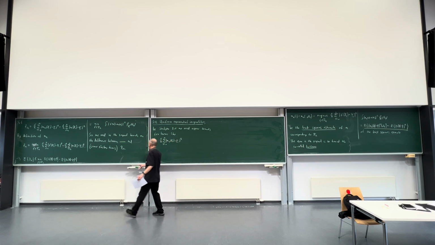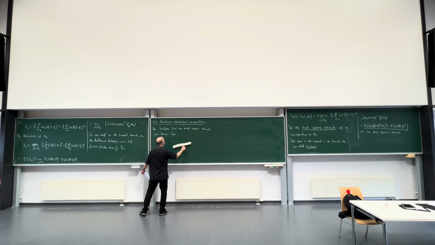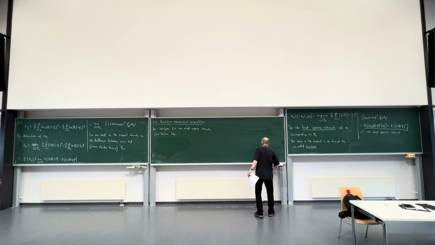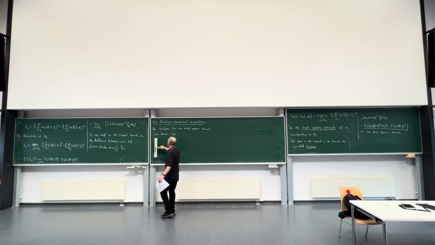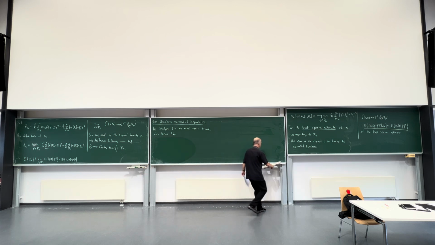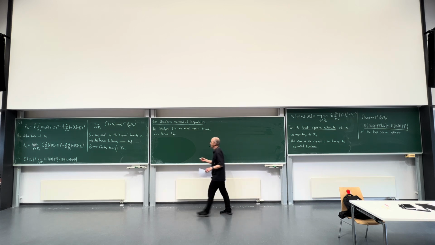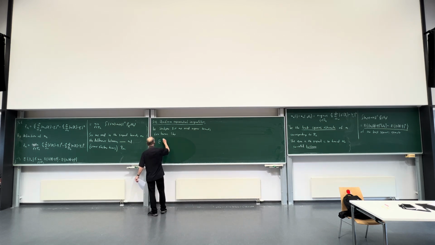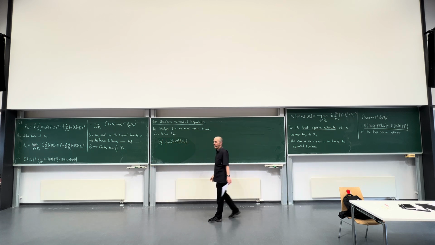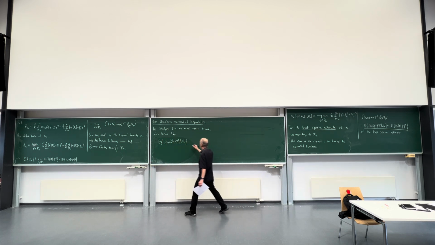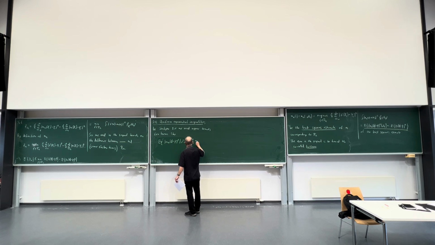I first write the expectation, then the simple average. That's the L2 risk of my least squares estimate. I subtract the empirical L2 risk.